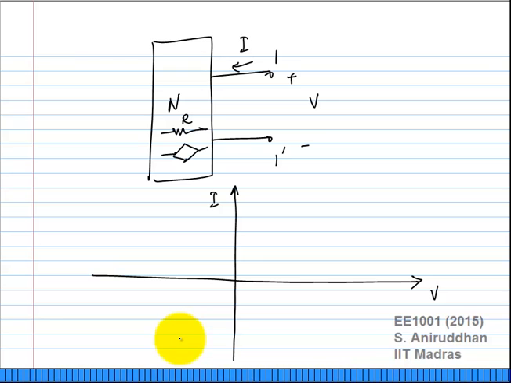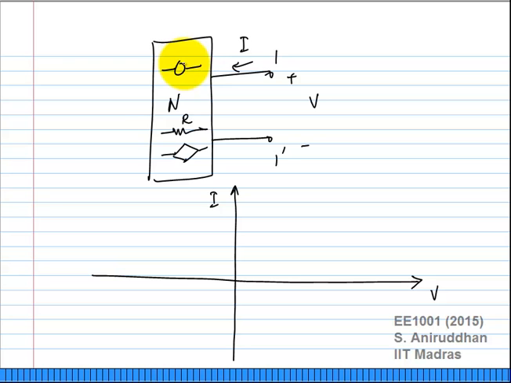You will still get a straight line passing through the origin. Now, suppose the network also contained independent sources, what will you get? Still a straight line? Are you sure? You'll get a straight line not passing through the origin.